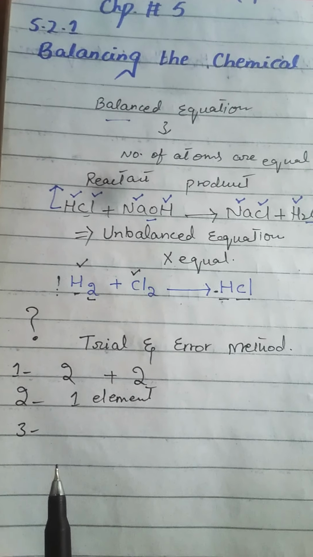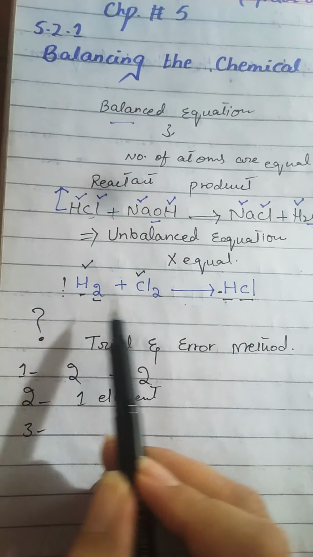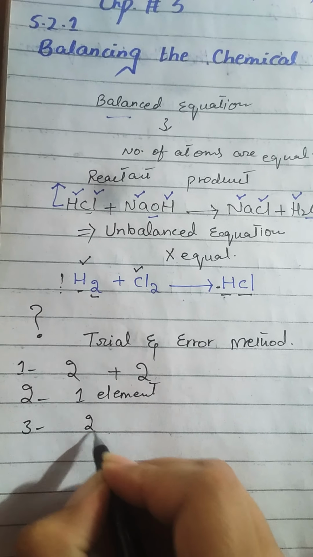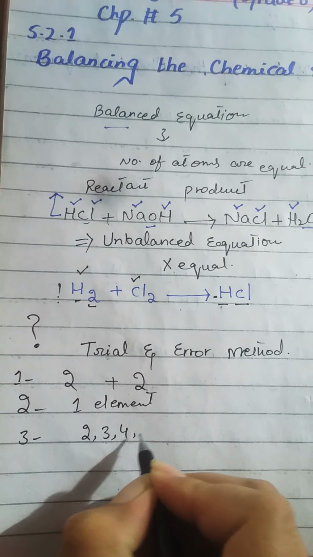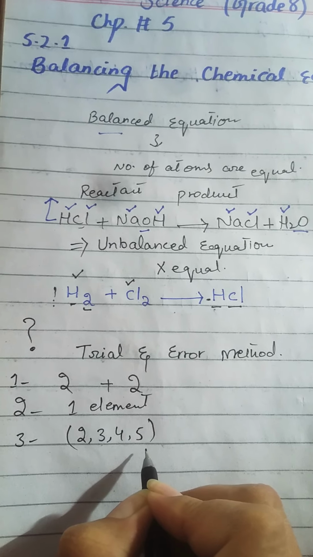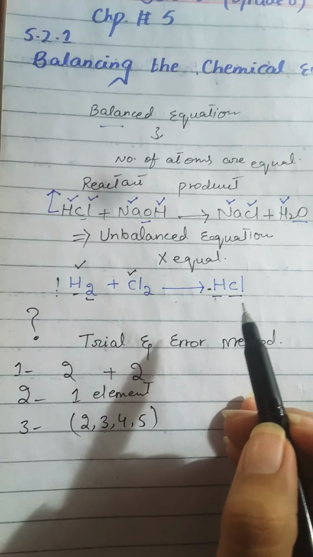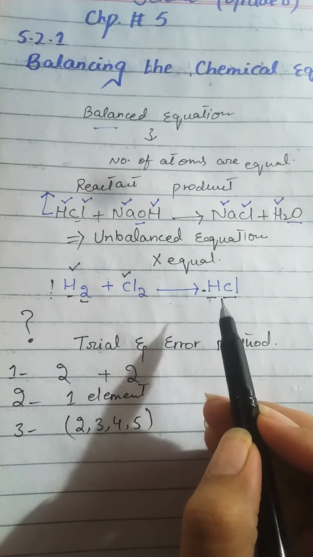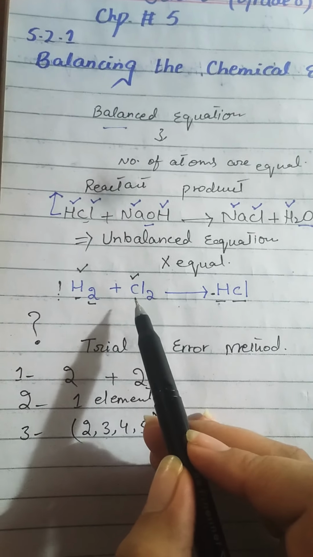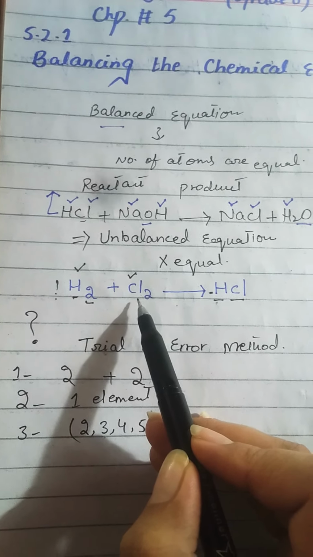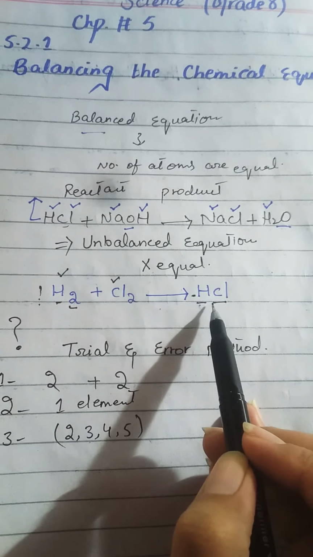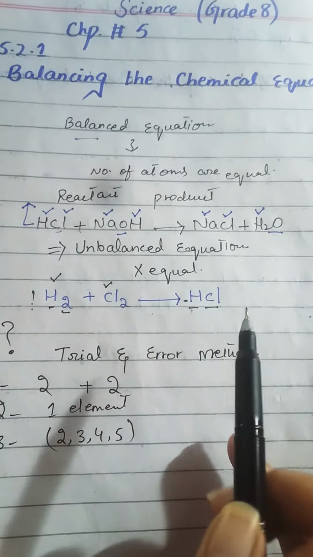The third rule is multiplying the equation with suitable integers. These integers may be 2, 3, 4 or 5, etc. I will use these integers on that side where the number of particles is less. For example, I have two chlorine atoms in the reactant side, but in the product side I have only one chlorine atom.